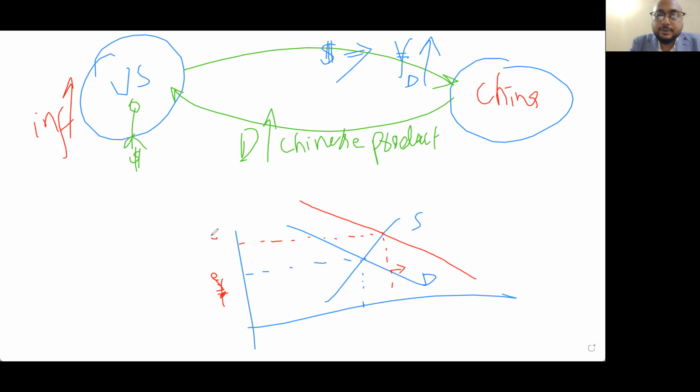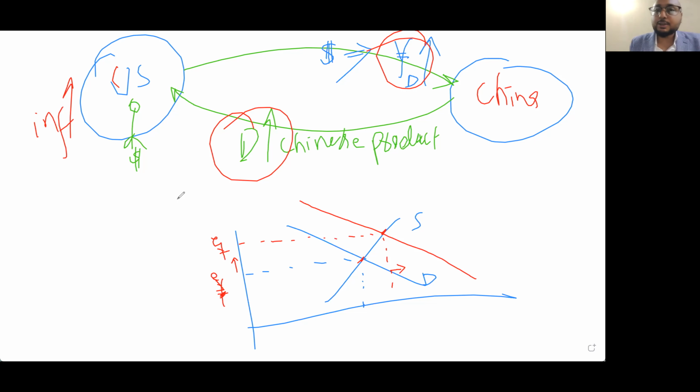Yuan was here, and now the exchange rate of yuan has increased. We have a new equilibrium here as well. Right? So US investors are willing to demand more yuan to convert, and more yuan to pay for the Chinese product, because demand for Chinese product has increased.